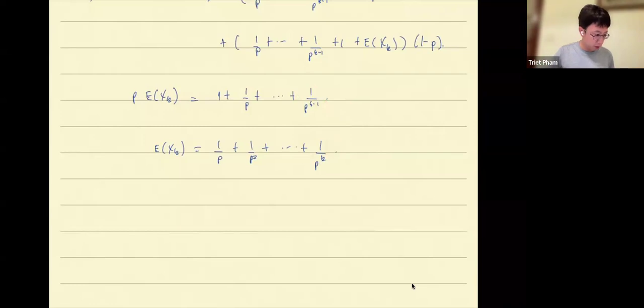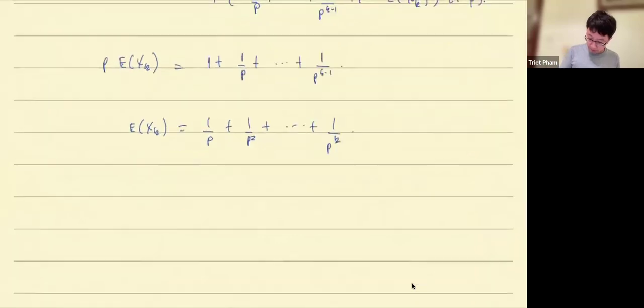So let's look at some of the problems that were assigned. This will be similar to the problem that we discussed, but of a slightly different flavor.